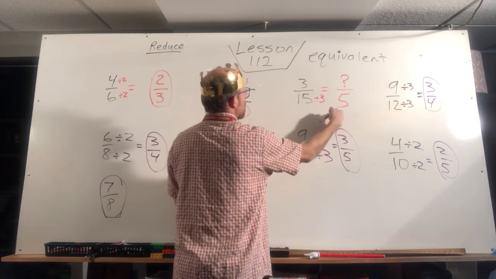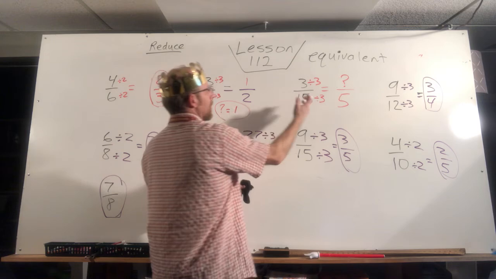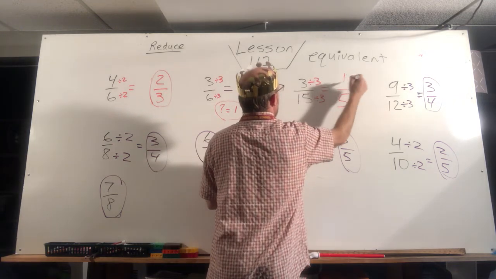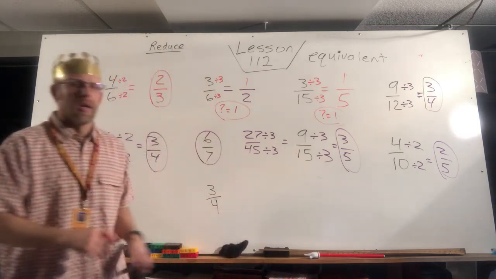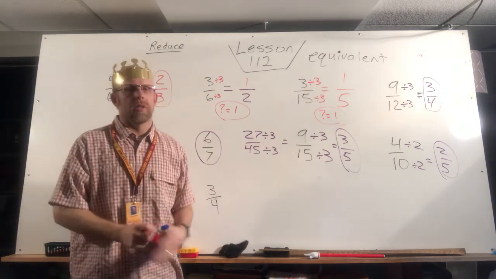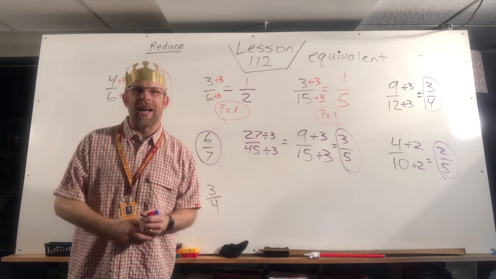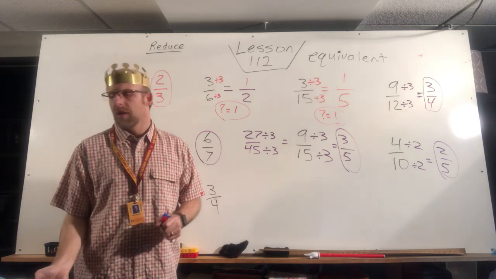So whatever I do to the bottom, I do to the top, or vice versa. 3 divided by 3 is 1. So question mark equals 1. Those are fun as well, and those will build into being able to see when we add fractions with uncommon denominators eventually.